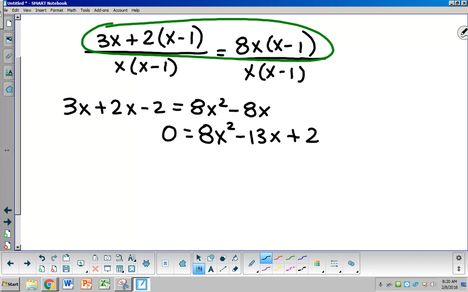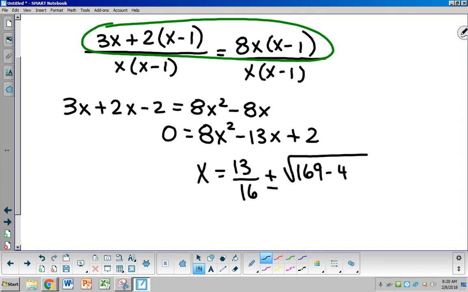Think that factors? No, that's just flat out messy. So this can be x equals 13 over 2a, which is 16, plus or minus the square root of 169 minus 4 times 8 times 2, all over 16.